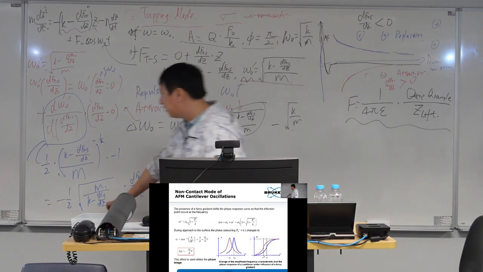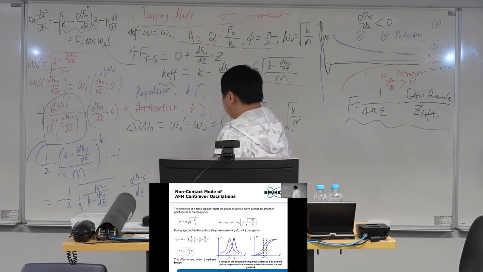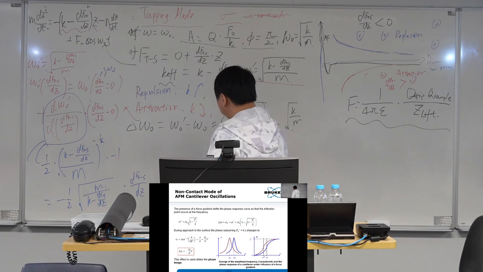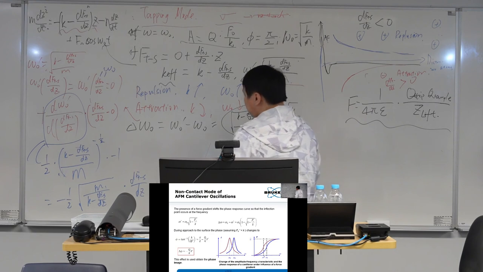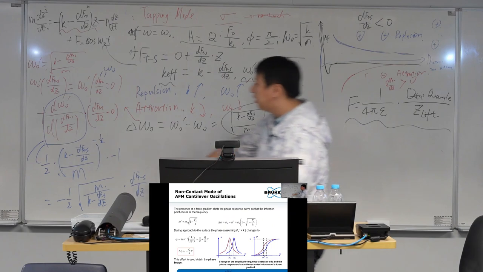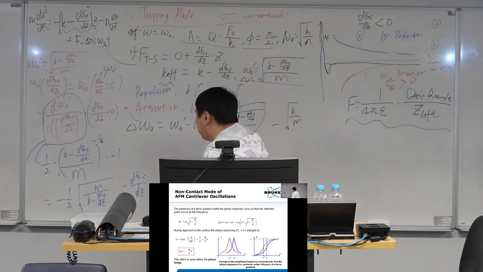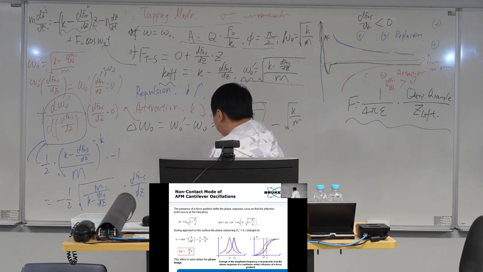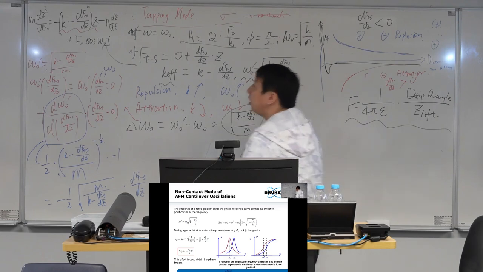The next step is we consider the FTS to be quite small, so dFTS over dz is also considered quite small. So this can be simply written down as negative 1 times m over k and dFTS over dz.